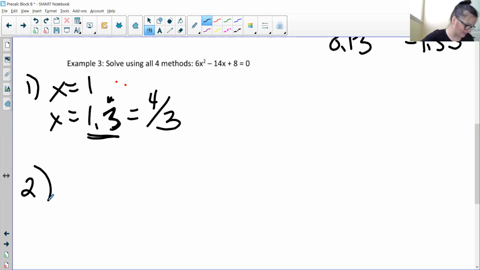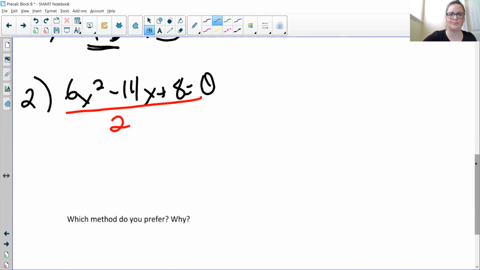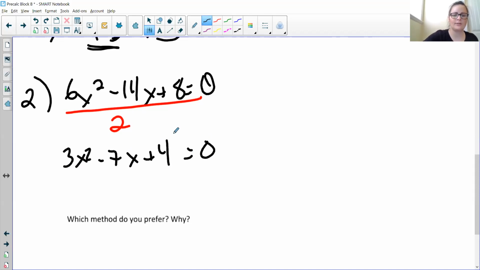The second way is to solve by factoring. 6x squared minus 14x plus 8 equals 0. They're all divisible by 2. So that will become 3x squared minus 7x plus 4 with a 2 on the outside.